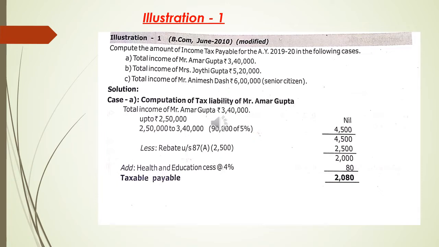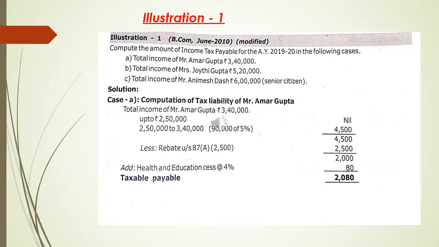Here is a small illustration to understand how to calculate tax liability of an individual assessee. There are 3 assessees given: Mr. Amar Gupta, whose income is 3,40,000, Mrs. Jyoti Gupta, 5,20,000, and Mr. Animesh Dash, 6 lakhs. Senior citizen, it is very clearly given. So we have to apply the slab rates and find out what are their tax liability in each of the 3 assessees' cases. The first one, Mr. Amar Gupta, his total income is 3,40,000.